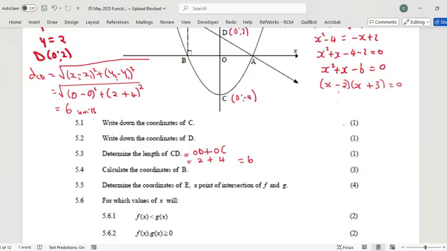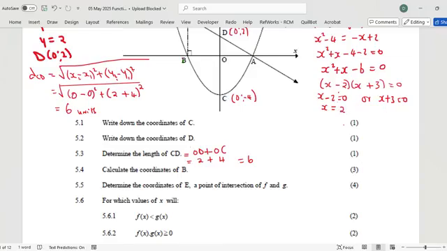Okay. Thank you. Now from here, we've got x minus 2 equals 0, or x plus 3 equals 0. Then the first one will be x is equal to how much? Positive 2.